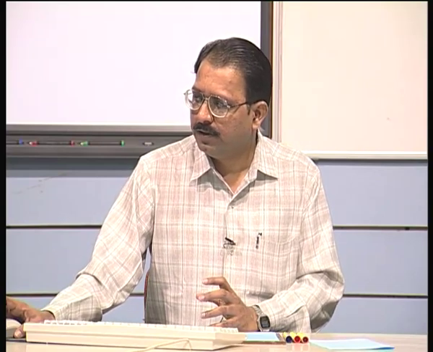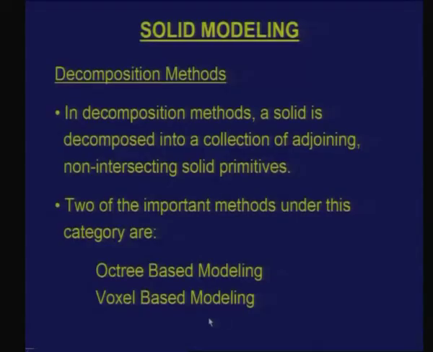And as we looked at, there is another version of a decomposition method which is called a voxel based model. A voxel is basically a three-dimensional element in the form of a cube.